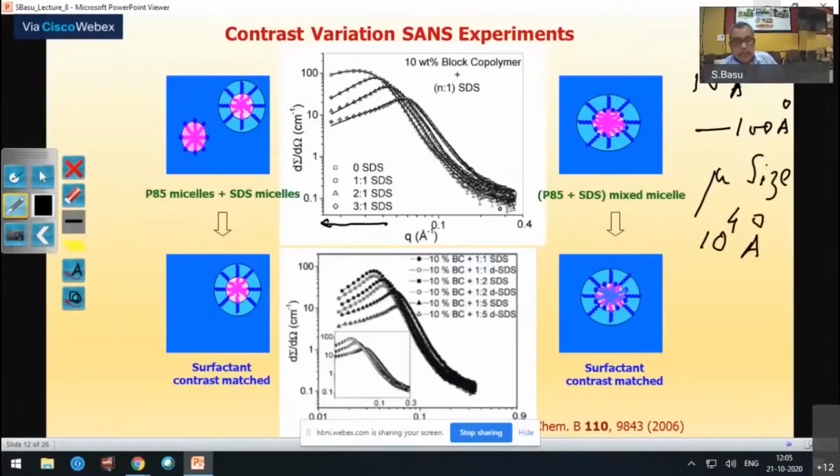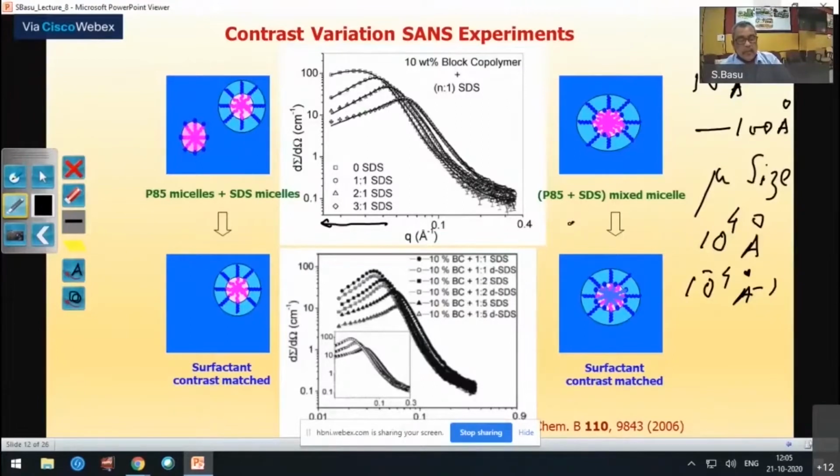That means you should be able to push your Q to a value which is as low as 10 to the power minus 4 angstrom inverse. But for that, caution one, I need to collimate my incoming beam to a very, very large extent. When I do that, I lose neutrons. So to start with, I should have lots of neutrons, so I should have a cold neutron source.